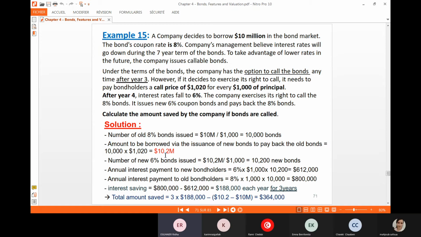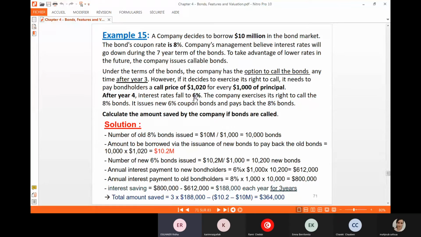The source of the gain is that we need to sell new bonds to receive these $10.2 million to be able to buy back the old bonds. We need to issue how many new bonds? We issue the bonds at par, of course. The interest rate is equal to the current yield to maturity.